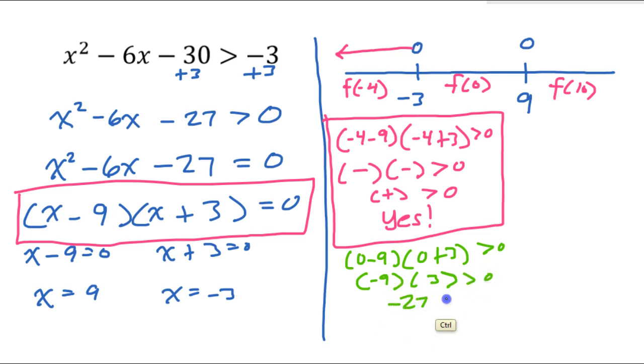That's negative 27. Is that greater than 0? No, that's a negative number. So that fails. That means there will be no solutions in that zone. So I'm just going to leave that empty.